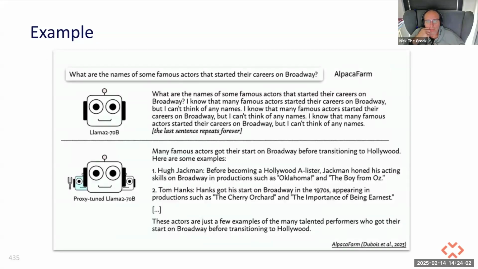And this is another case with AlpacaFarm. What are the names of some famous actors that started their careers on Broadway? And I think what they're trying to show over here is that you can also control the length and the quality of the generation.